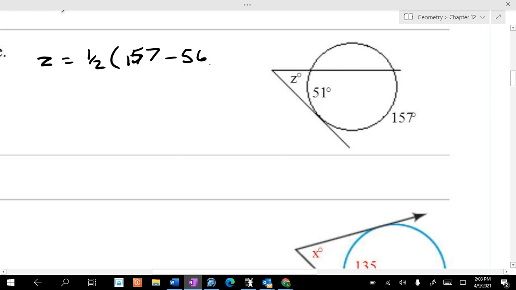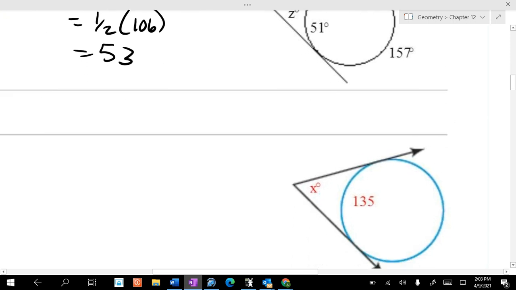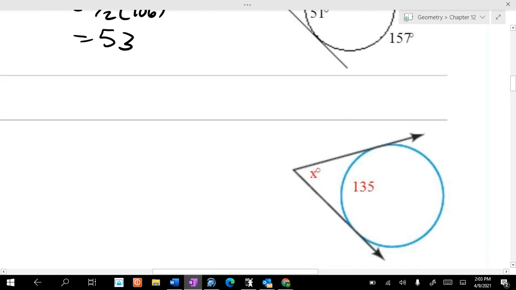Oh, 51. So it equals 1/2 of 106, yep. Which equals 53. You guys were shouting the answers out so far ahead of time, I was writing down the wrong stuff. But that's all right.